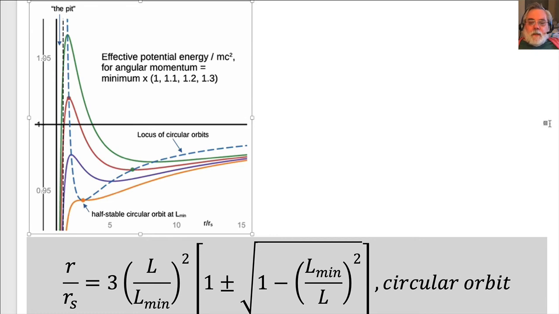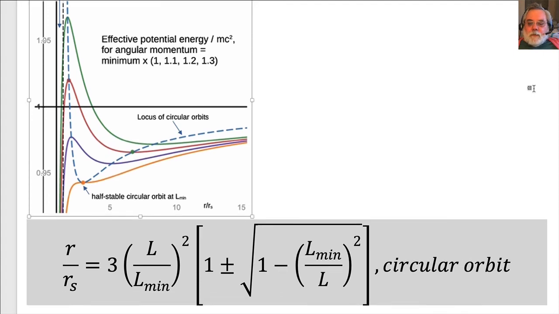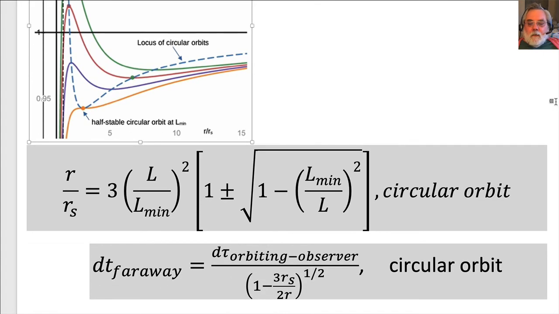Now, because I'm interested in science fiction representations of black holes, we're going to switch to looking at time dilation for circular orbits. In the main course, we learned that the time dilation between a circularly orbiting observer orbiting a non-rotating black hole and a faraway observer increases strongly as we approach 1.5 Schwarzschild radius.